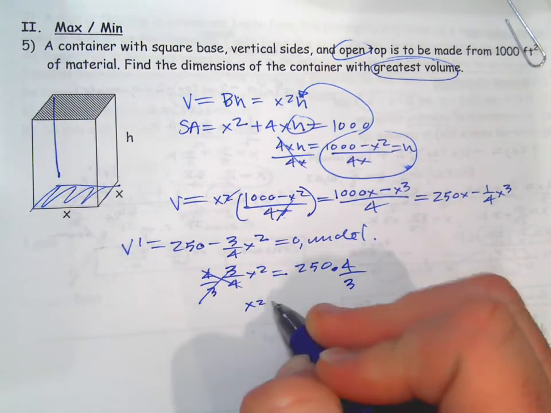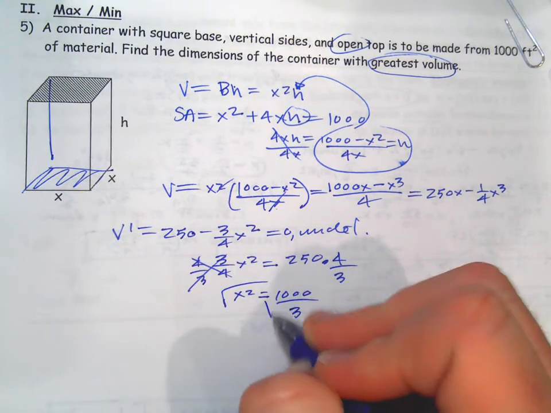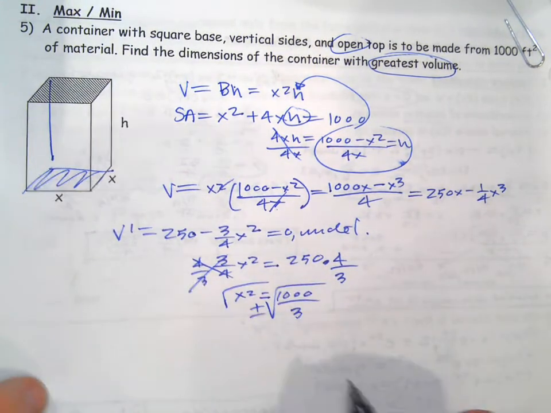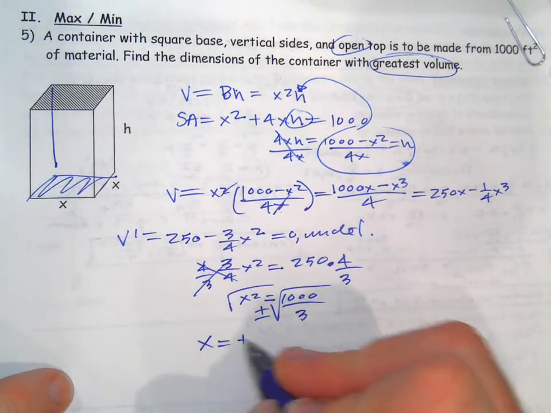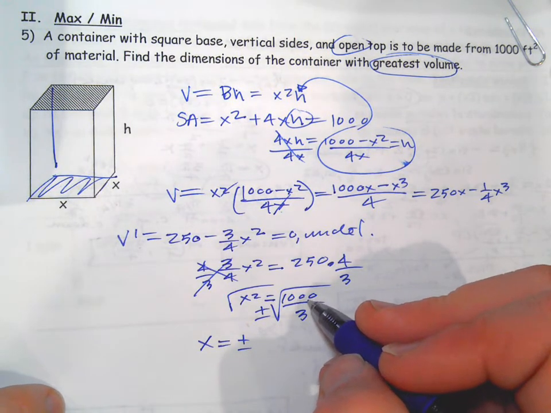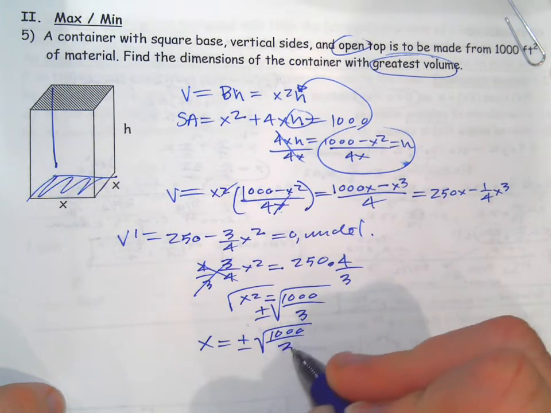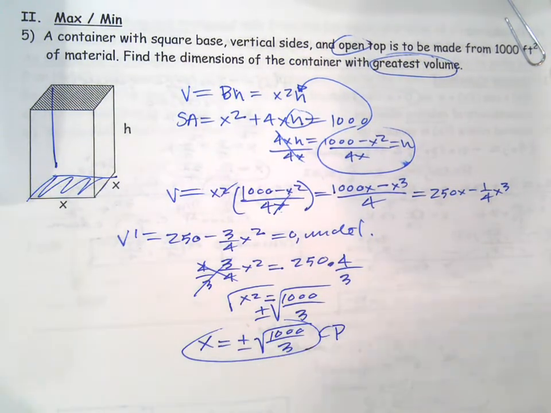So x squared equals 1,000 over 3. So we take the square root of both sides, plus or minus. I'm just going to leave it like that. That's fine. Those are the critical points.